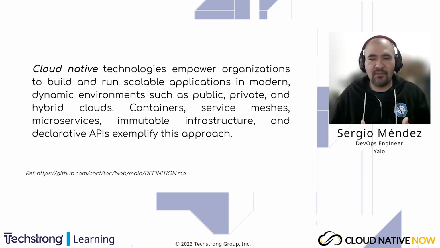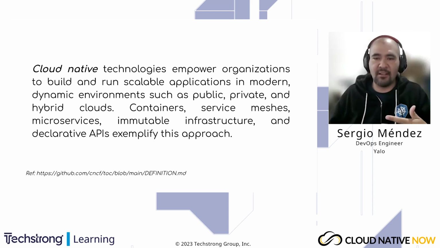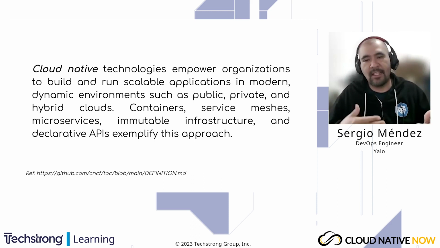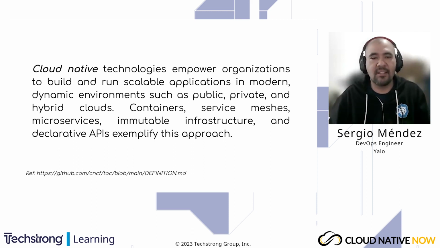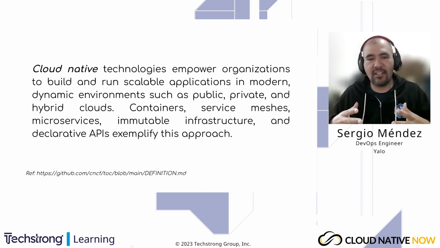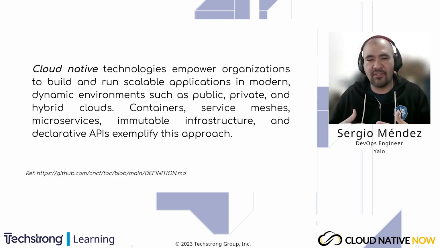So we use Cloud Native technologies, the ones that empower organizations to build scalable applications that use public and private clouds, containers, service meshes, microservices, and a lot of things. That's what Cloud Native means, the technologies around that, and how the application is structured.